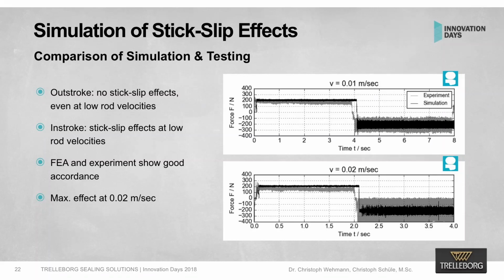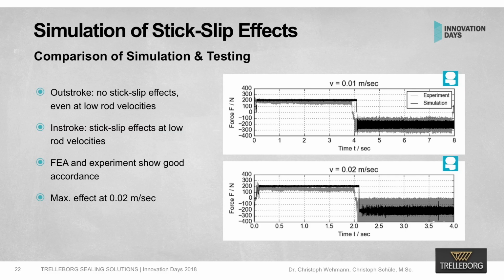When we look at the values, it's the following picture. We have the experiment here in gray, the simulation in black. So you see on the outstroke side, both very small amplitudes, no stick-slip. That's also what we observed during the test. On the right side, when we look at the amplitudes at the very low speed, we have quite good accordance. Here at the next higher one, there is a gap, so we still have, let's say, room for improvement.